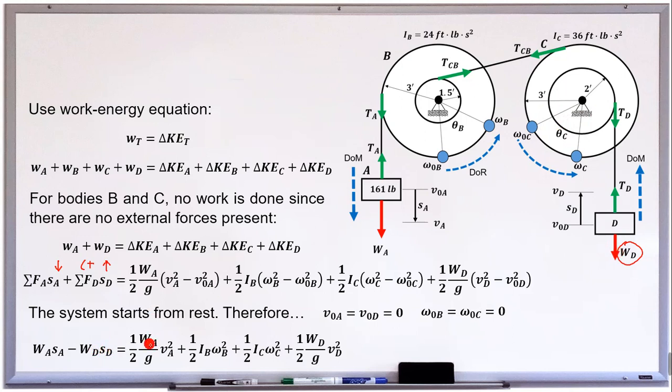Next, on the right side of our equation, the only modifications being made here are the initial velocities. So the initial velocities become 0. So we only have this expression on the left side of our equation.